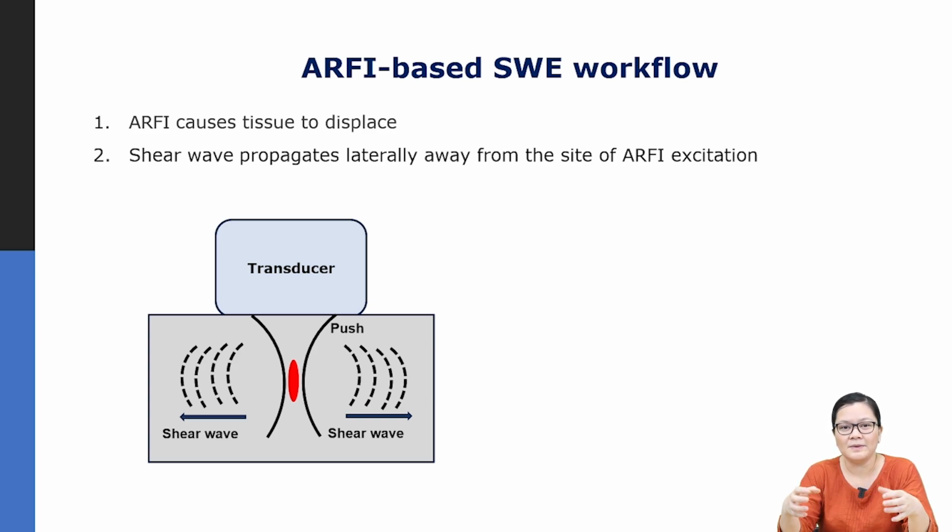What forms those ripples is actually a surface wave. But if you think of what goes on inside the tissue during RF excitation, a similar thing happens wherein a shear wave emanates away from the site of this RF excitation.